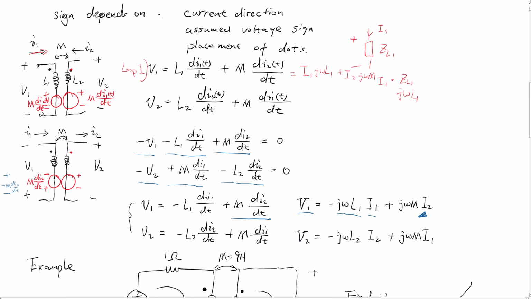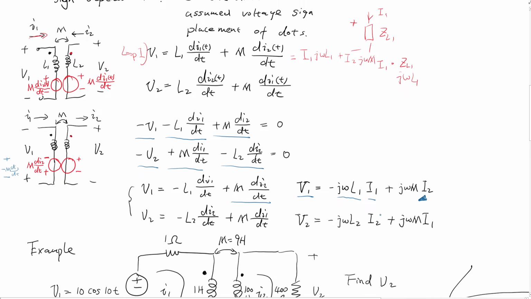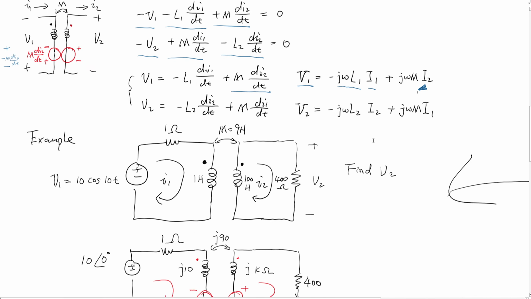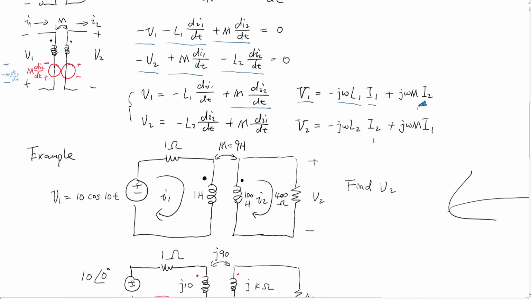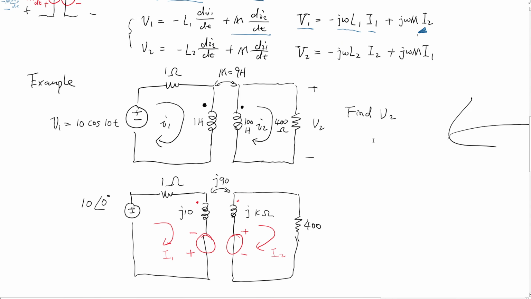You can see that I1 and I2 are the only unknowns, so we can solve for I1 and I2. If we know this story, we can solve this question from the beginning.